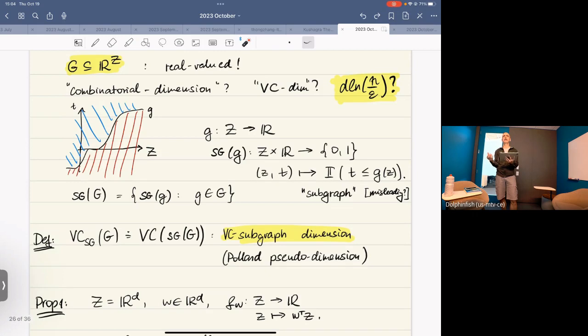Formally, if you have a function g that maps Z to the reals, then you can create the so-called subgraph of this function that maps pairs of a point in the domain and a value in the output space.